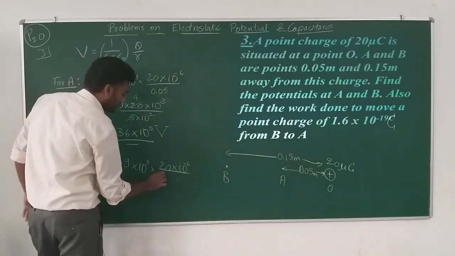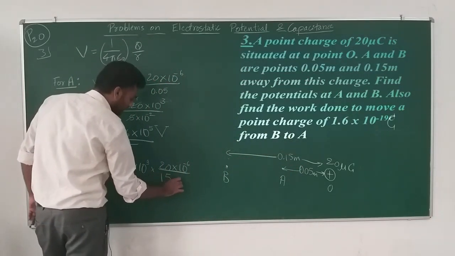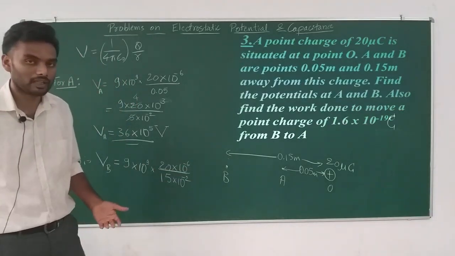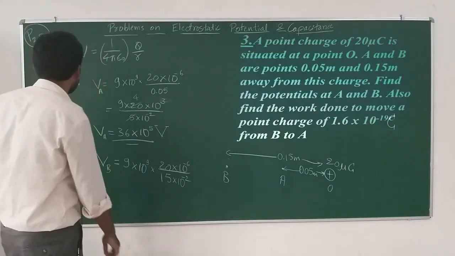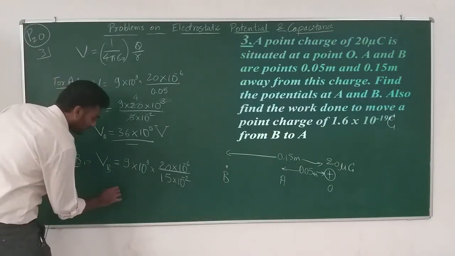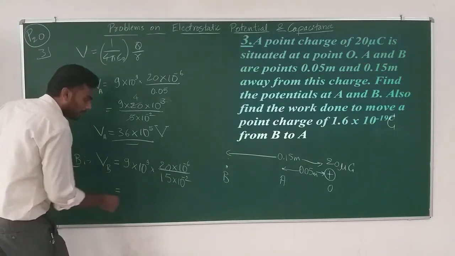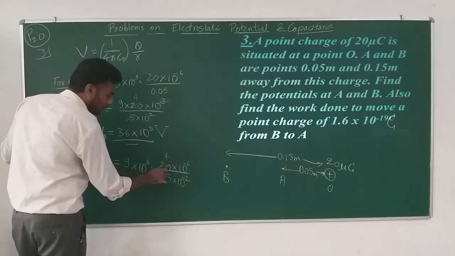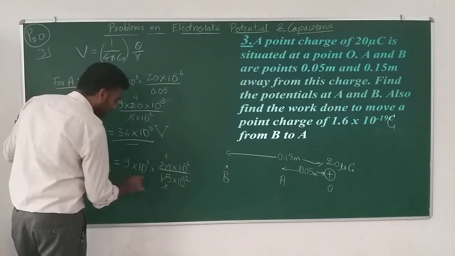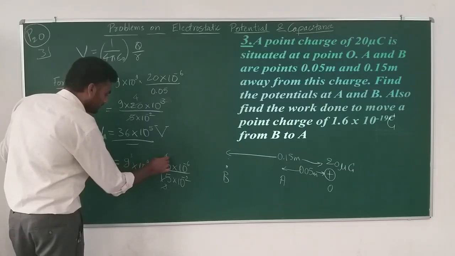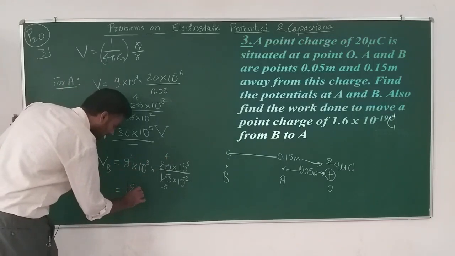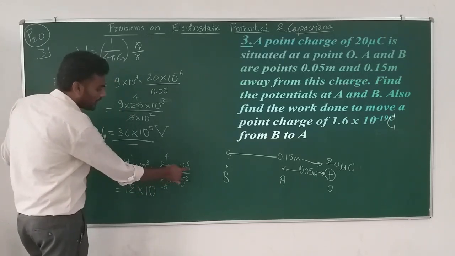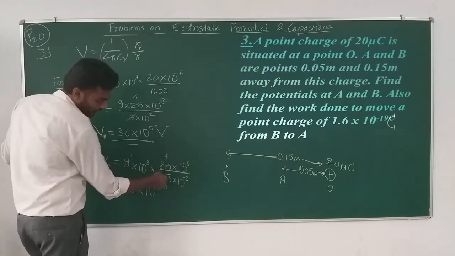Now I will directly write the distance as 15 into 10 to the power of minus 2, since 0.15 can be written as 15 into 10 to the power of minus 2, which makes it equal to, 5 4s are 5, 3s are 3, 1s are 3, 3s are 3, 4s are 12, into 10 to the power of 9 minus 6, 3.